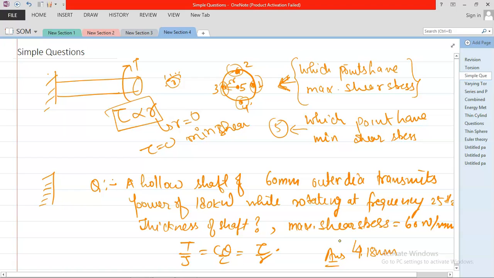You can solve it. Please solve the question and check whether the answer matches or not.